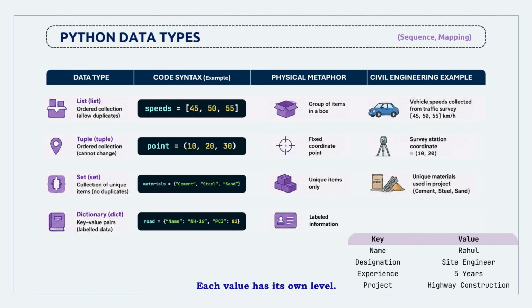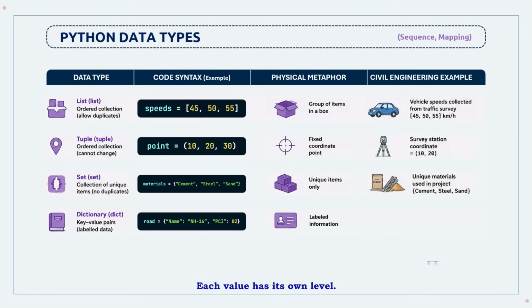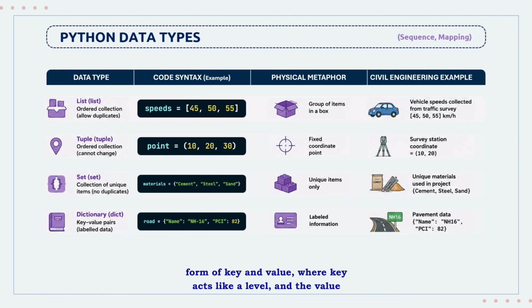Here, each value has its own label. In the same way, a Python dictionary stores data in the form of key and value, where key acts like a label and the value is the actual information associated with that label.